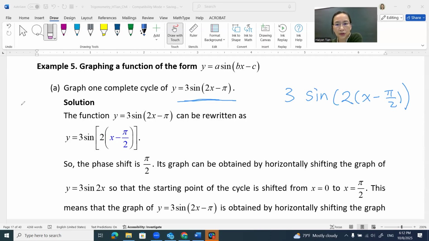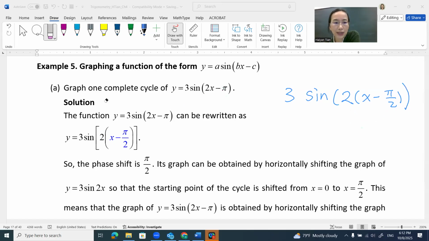Do you see why? Because 2 is factored out, this becomes half of the quantity pi. You can double check if you want: 2 times x minus half of pi, which is 2x minus pi. So you get back 2x minus pi.